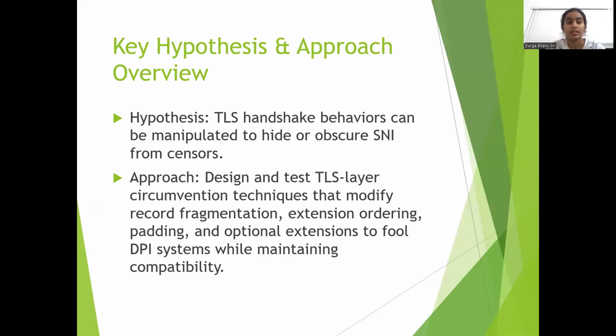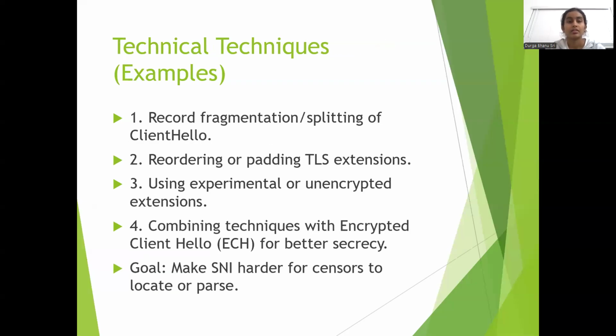And then the technical techniques, for example, show the standard TLS handshake and highlight where techniques intervene. Examples of techniques from the paper are record fragmentation or splitting: break the client hello or extensions across multiple TLS records to hide SNI in non-obvious segments.